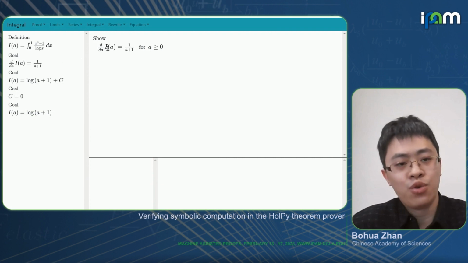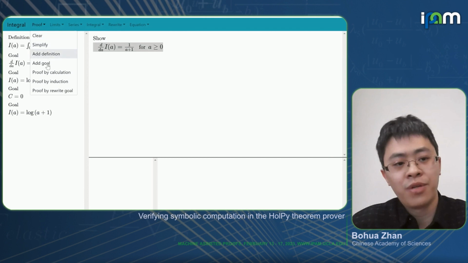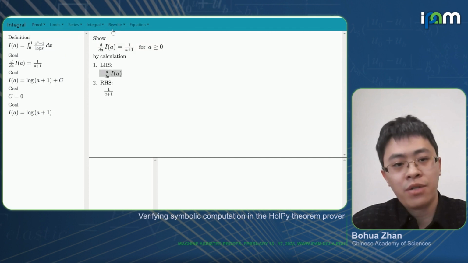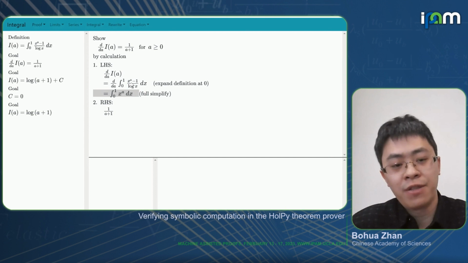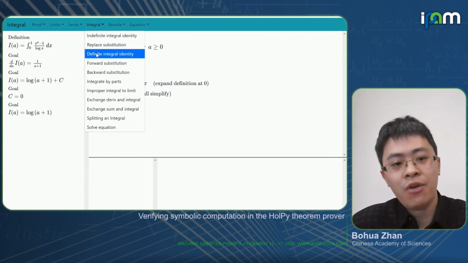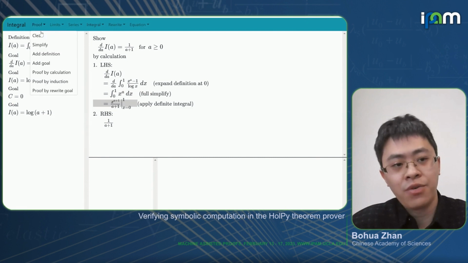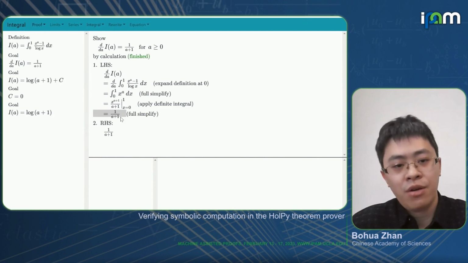The first step, after this definition, is to evaluate the derivative of I. And here, this is a standard computation, so I will just go through this quickly. We expand the definition here and simplify, which automatically moves the derivative inside the integral and evaluates the derivative. And now we can evaluate the definite integral and simplify. Okay, so this is a pretty standard step.